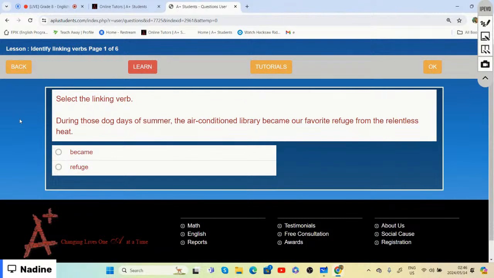During those dog days of summer, the air-conditioned library became our favorite refuge from the relentless heat. So we need to select our linking verb. Is it became or is it refuge?